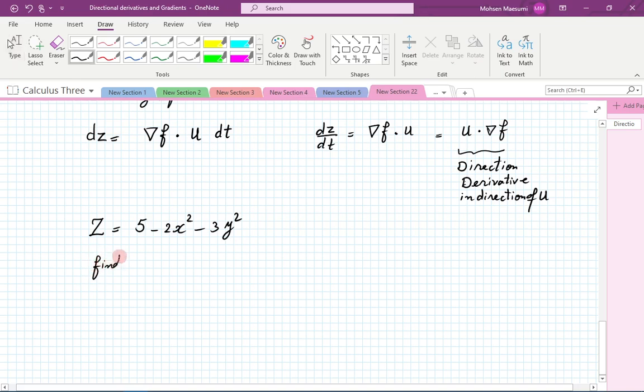Find the directional derivative of z at, let's give a location, say at the point 2, 1.